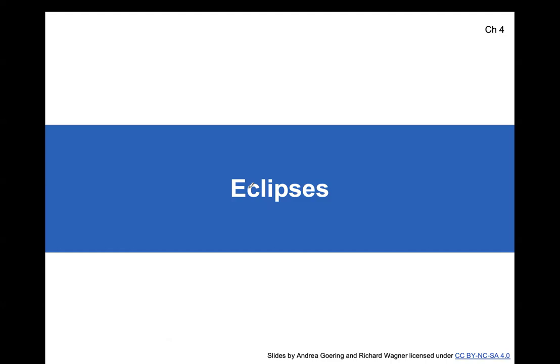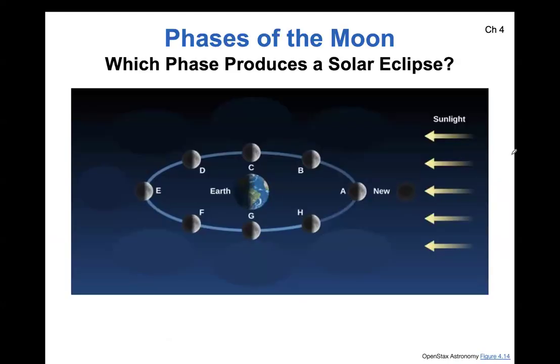But I wanted to introduce it because we'll talk about the difference between the day, because just as there is a solar month and a non-solar month called the synodic, there's also a solar day and a non-solar day for the same exact reason. But before we get to that, let's talk about eclipses.